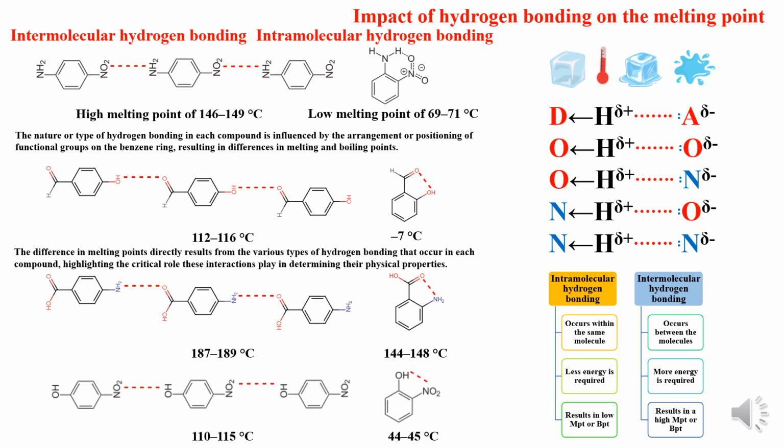And in case of para-nitrophenol, because of the positioning of the functional groups para to each other, they undergo intermolecular hydrogen bonding. Well, in case of ortho-nitrophenol, because of the close proximity of the hydroxy and the nitro group, they tend to undergo intramolecular hydrogen bonding.